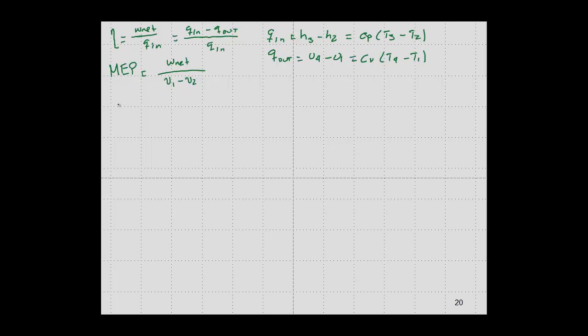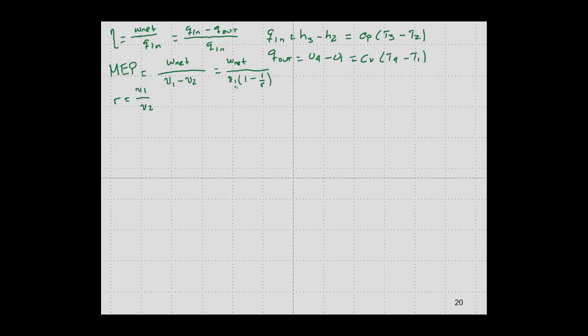And taking into account that R, which is the compression ratio, is V1 over V2, we can convert this to W net divided by V1 times (1 minus 1 over R).